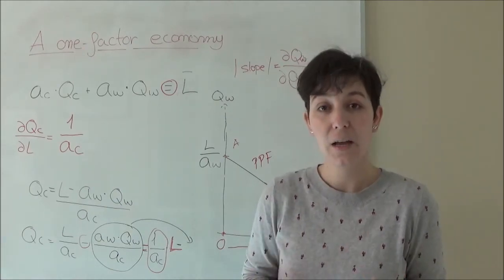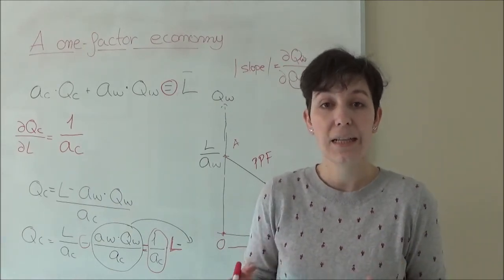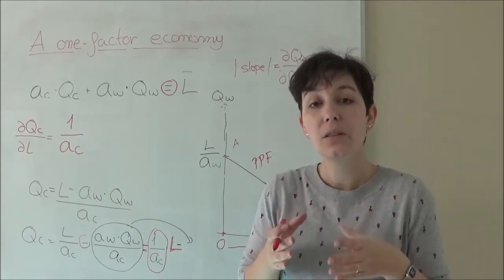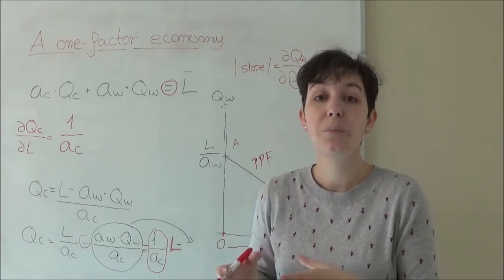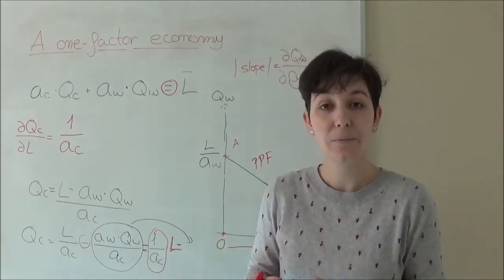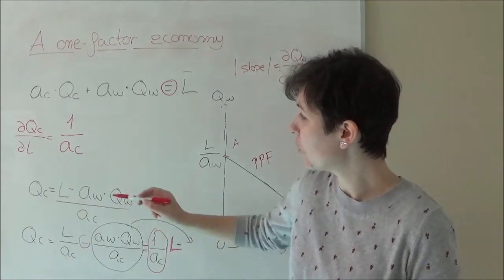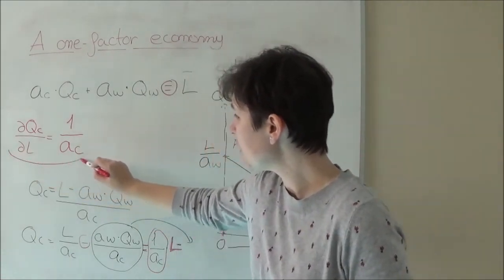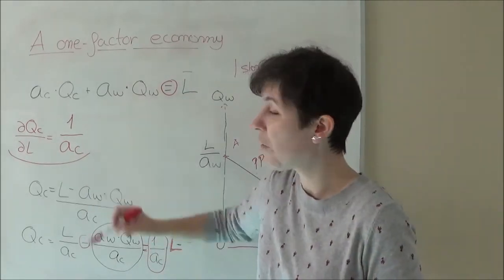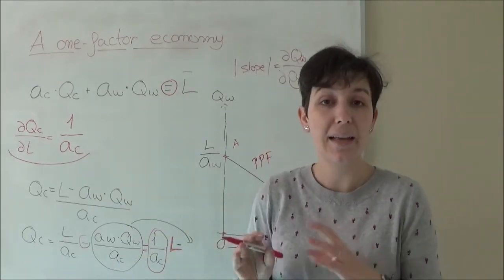And vice versa. If I need fewer workers for the production of 1 good, it's because each worker is really productive, so its marginal productivity is really high. So that is the main conclusion: the marginal productivity of labor is always going to be the inverse of the unit labor requirement in that sector.